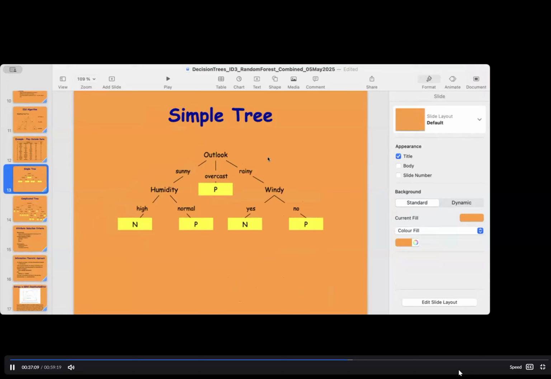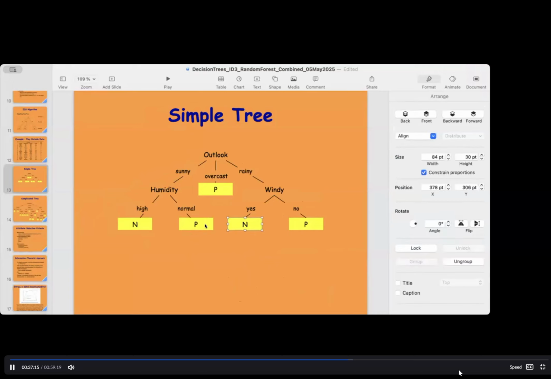The better tree is the simpler and the smaller tree because we can get to the answer much quicker and easier. First of all, second of all, building a smaller tree is less computationally expensive, so it is quicker and easier for us to build the model.